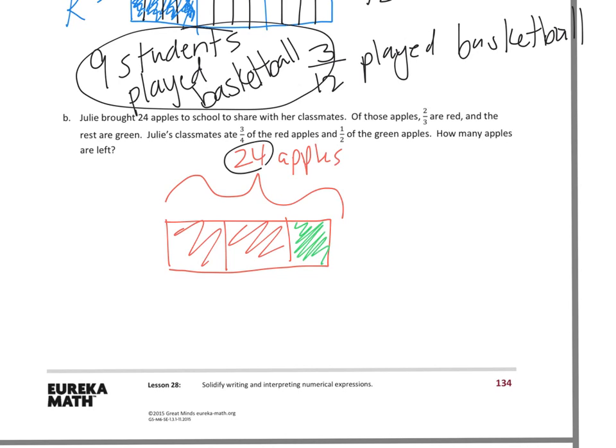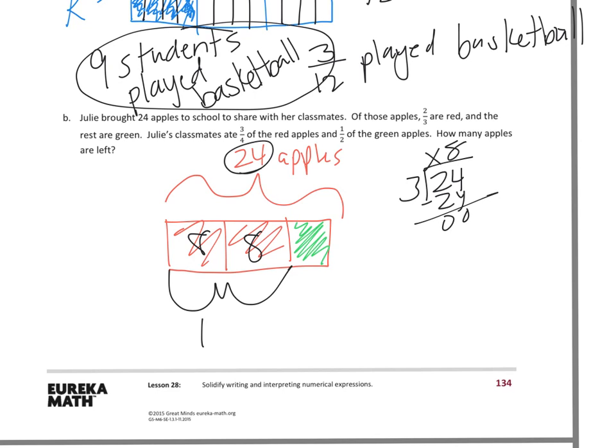So I know my whole is 24. It's broken into 3 parts. So I want to find out how many are in each of those parts. And there's 8. So for red, 16 red, 8 green.